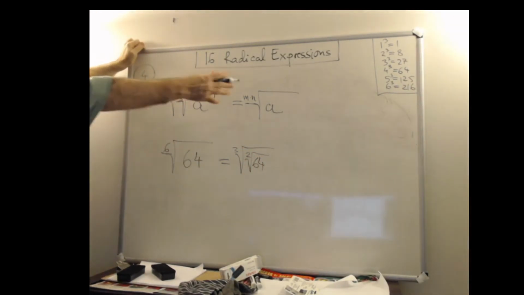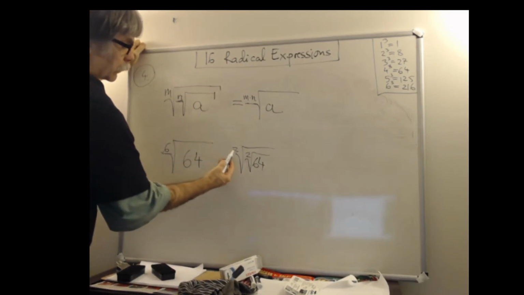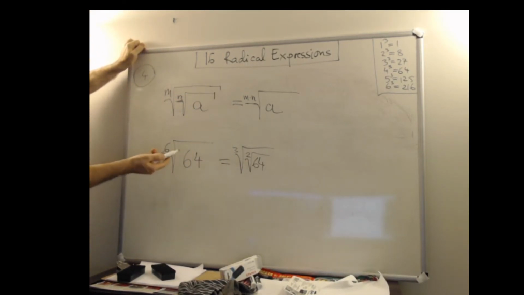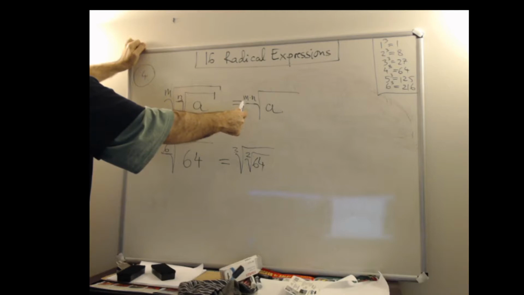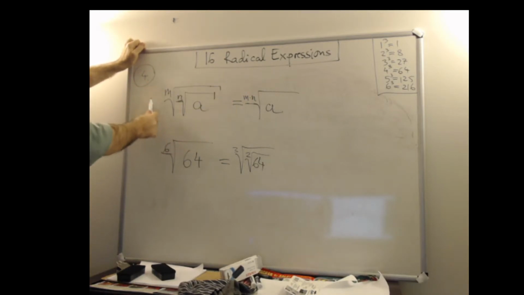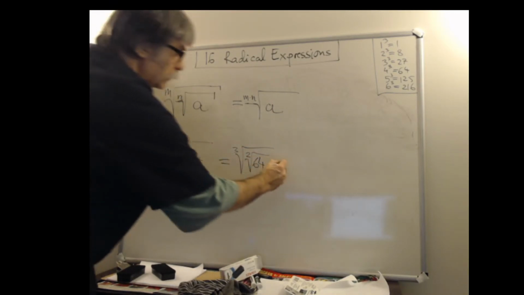Why? Because this property says so. When you have a cube root of a square root, you multiply these, 2 times 3, you get 6. So this is just a reversal. What I have here is here. 3 times 2. What I have here is here. 3, 2. And A is of course 64, right? So now you know.